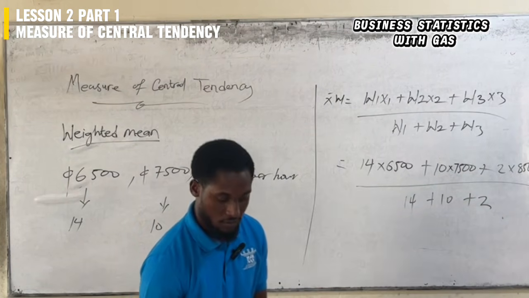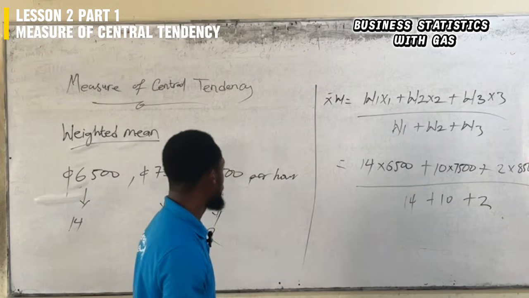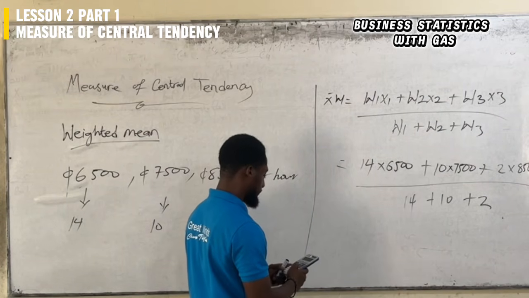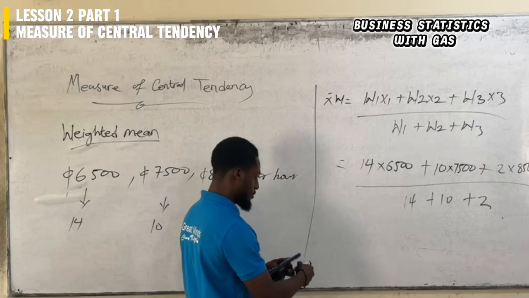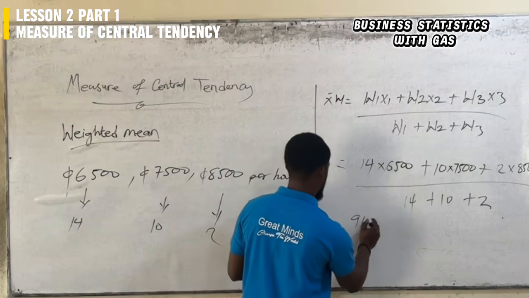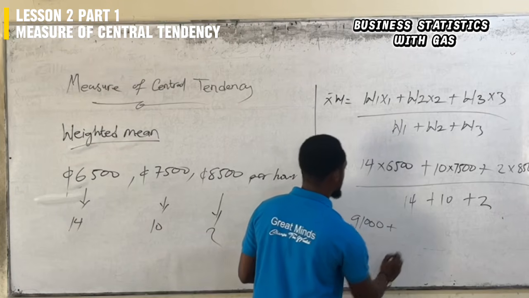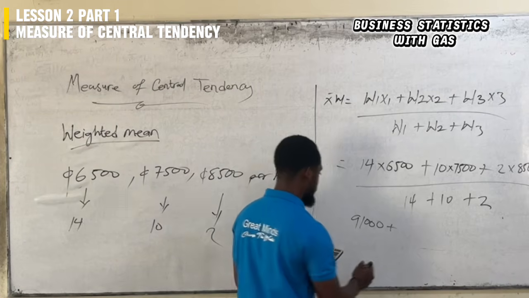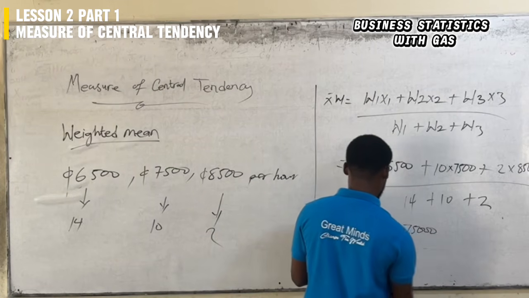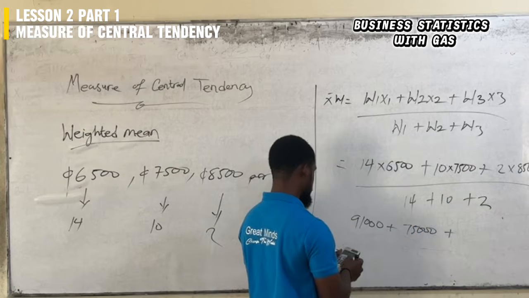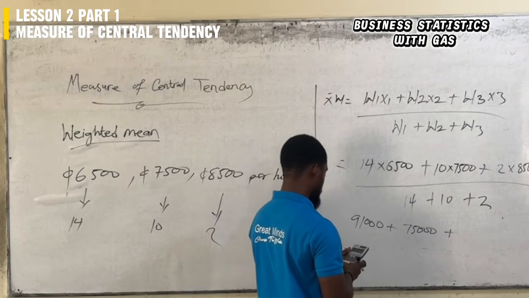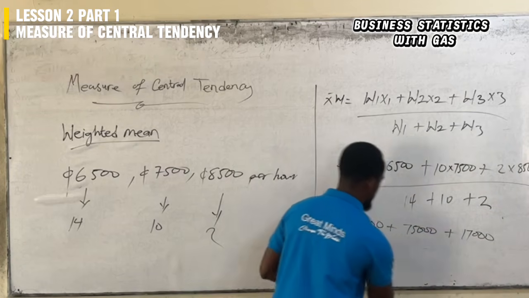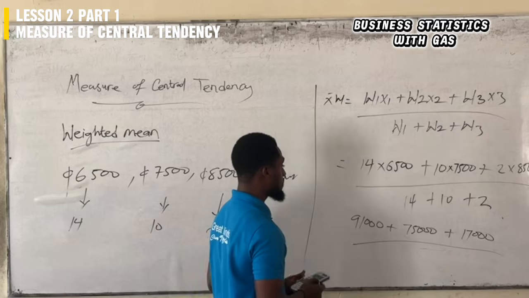So now let's solve here. 14 multiplying 6,500 is giving you 91,000, plus 10 multiplying 7,500 is giving you 75,000 Ghana cedis, and plus 2 multiplying 8,500, you are getting 17,000.